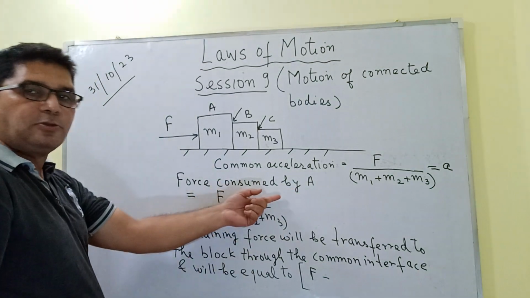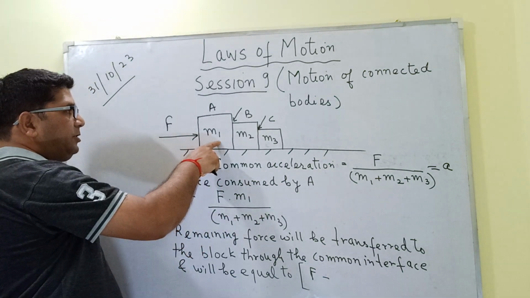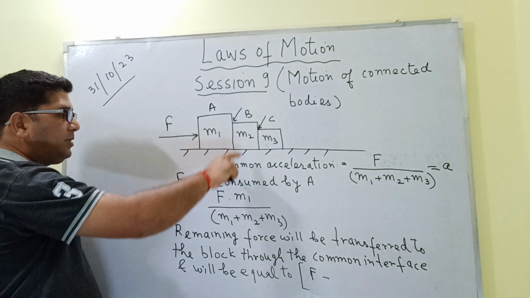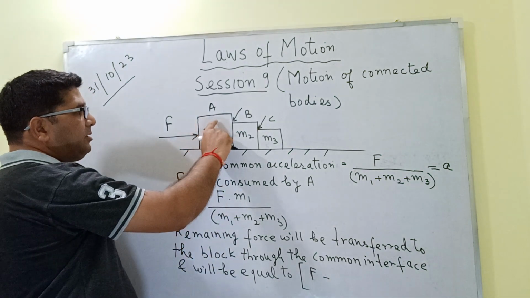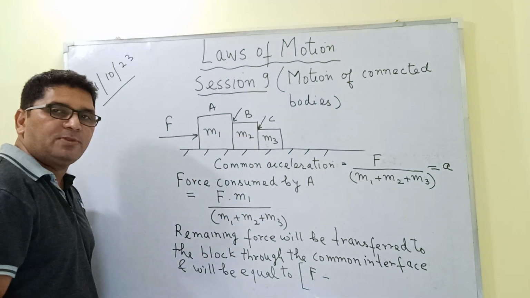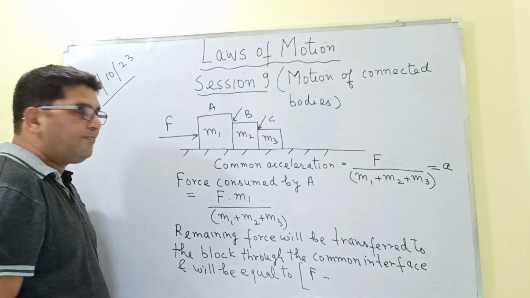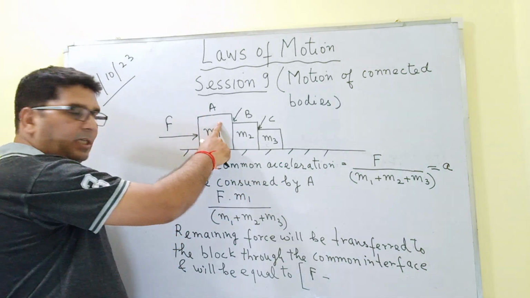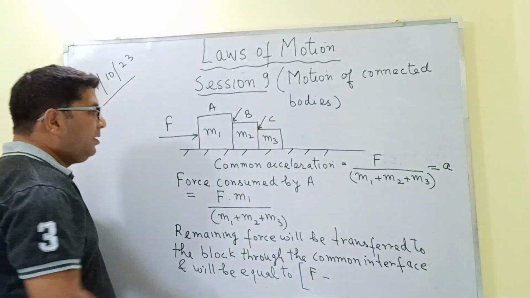नो, this force will be consumed by A because this is a system of three blocks and they are moving with the common acceleration a. So each of these blocks will be moving with the common acceleration a. कॉमन एक्सेलरेशन ए, सो A का भी एक्सेलरेशन a होगा, B का भी सेम वही a होगा, and C का भी सेम वही होगा.